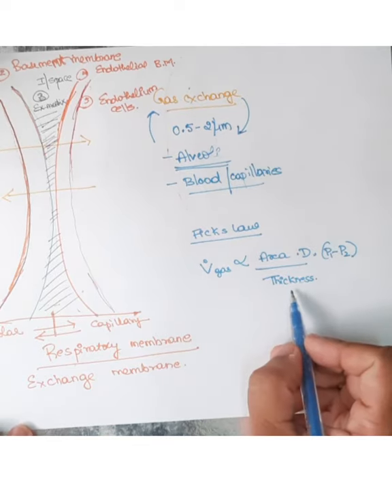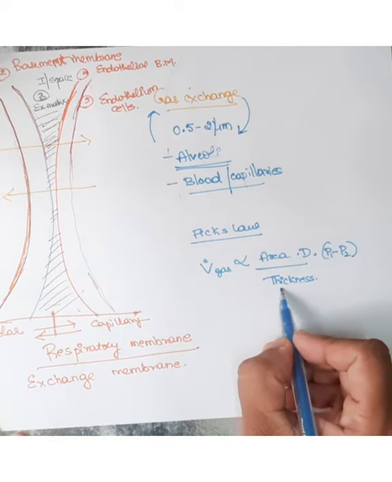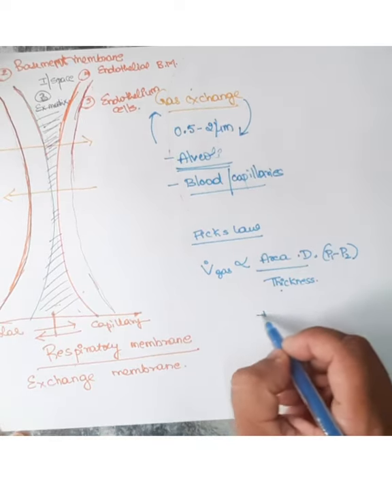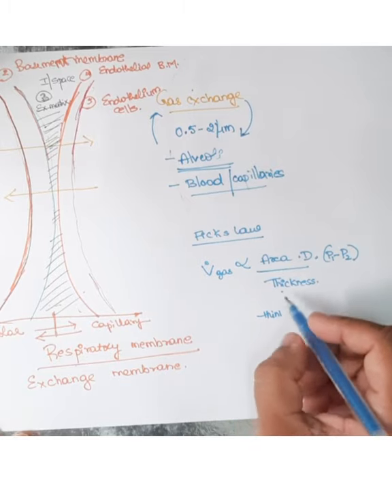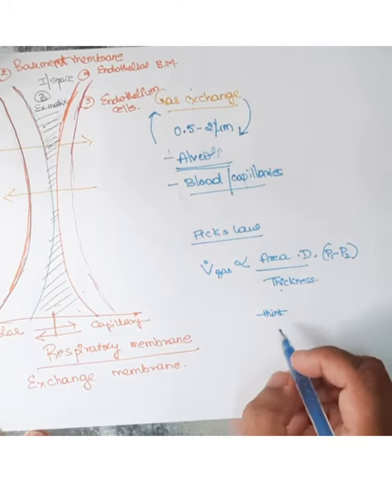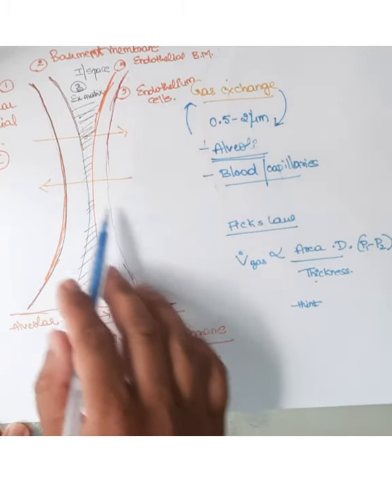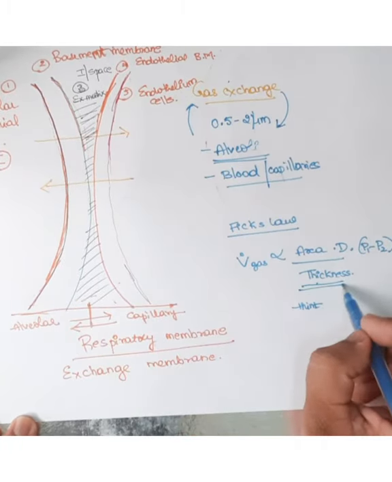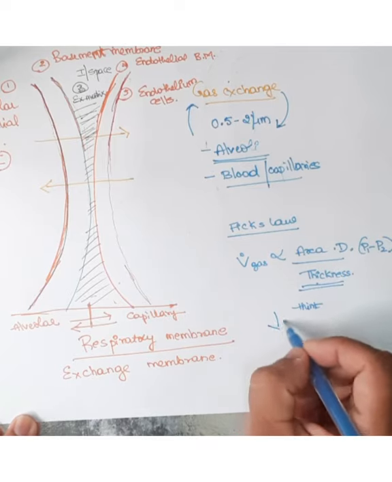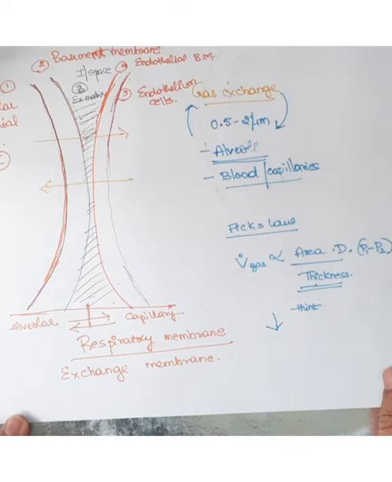So by this we can say that a thinner respiratory membrane always facilitates the diffusion. If for some reason this respiratory membrane becomes thicker, then the diffusion of the gases is decreased.